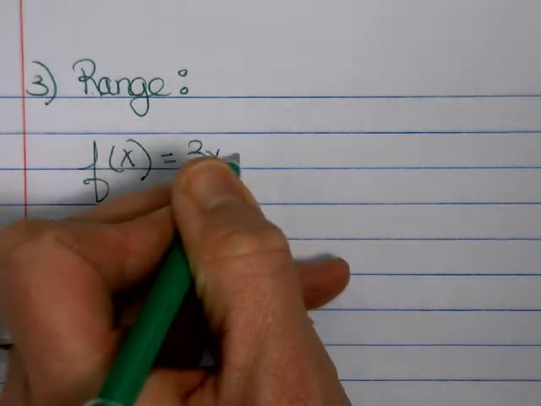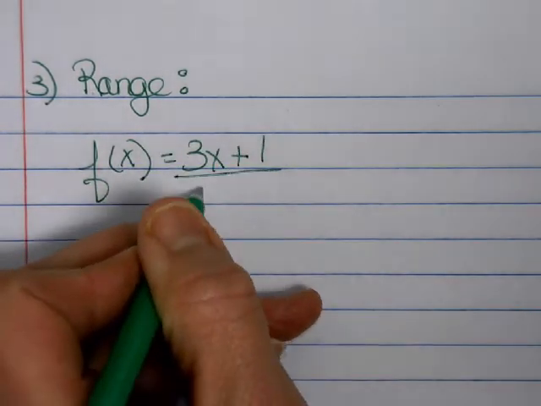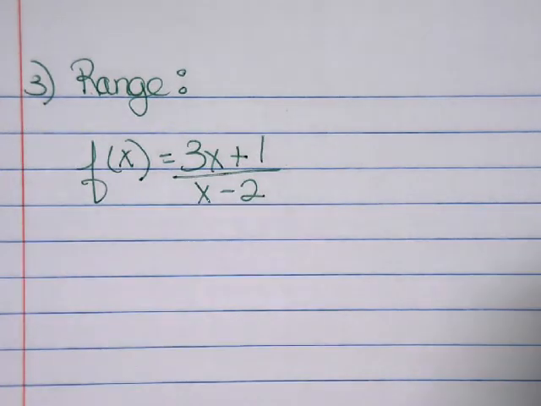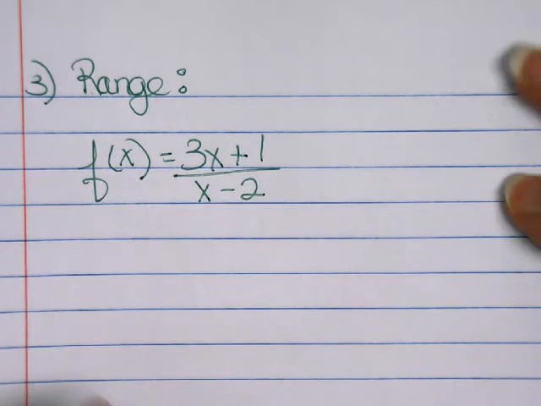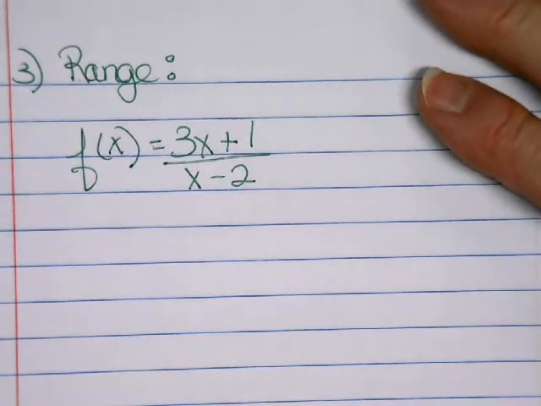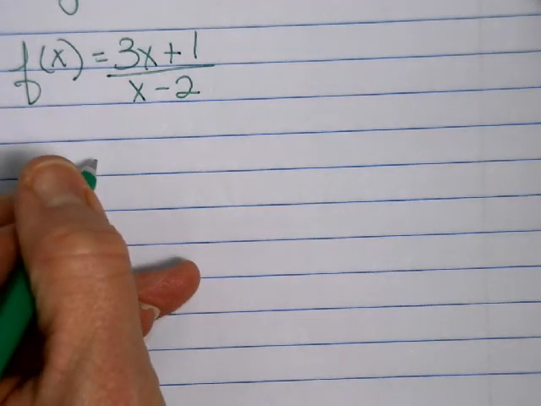And in order to find the range, you've got to take 3x plus 1 and divide it by x minus 2. Rewrite it as a division problem.